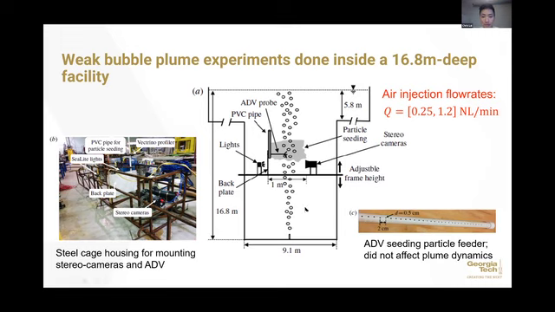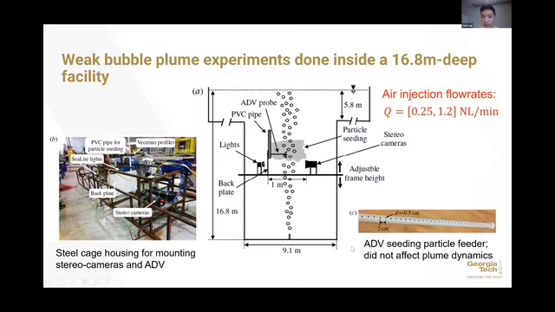We are measuring the behavior of this bubble plume from very close to the source all the way up to near the water surface, about 60 meters away from the origin. We consider two injection flow rates, 0.25 and 1.2 milliliters per minute.